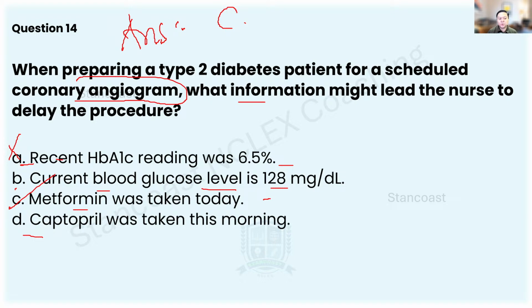There's no necessity to delay the coronary angiogram. If your answer is letter D, captopril was taken this morning. Captopril is an ACE inhibitor. It is an antihypertensive drug. It will not interfere with the angiogram, and there's no reason for you to delay the angiogram for this patient.